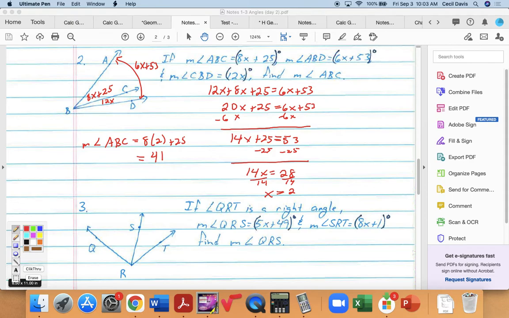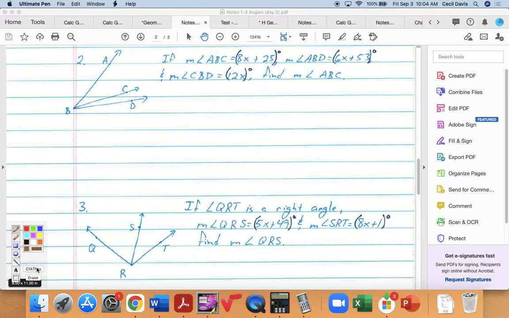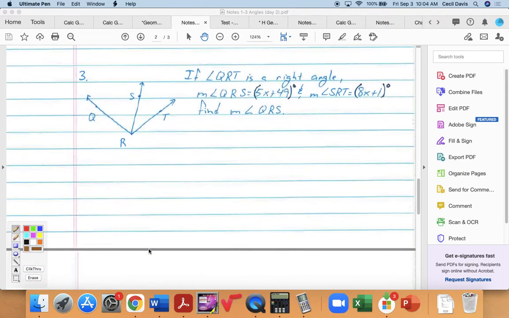I'll give you a few seconds to get finished. Does anyone need any more time, or are there any other questions? Okay, let's go on to the last one in this group, and then we'll look at ones where we're combining the two ideas.